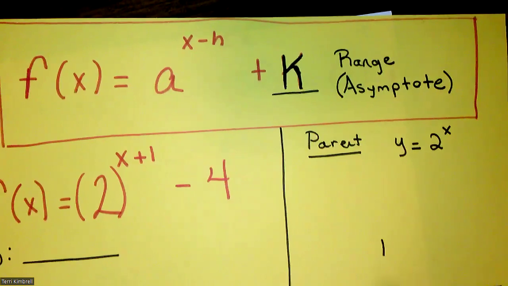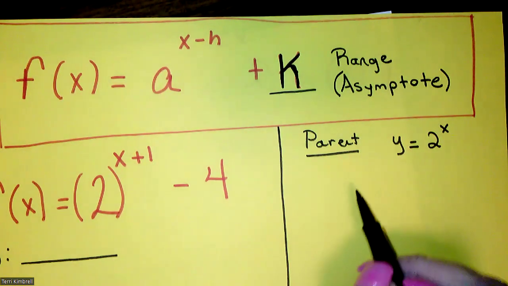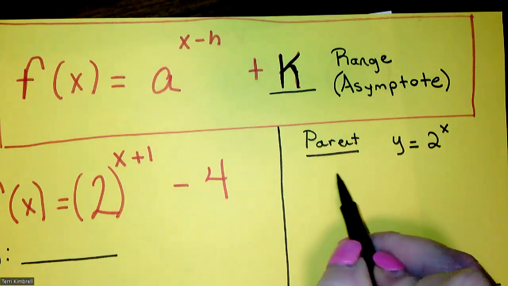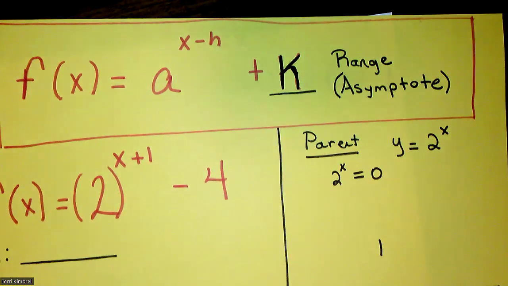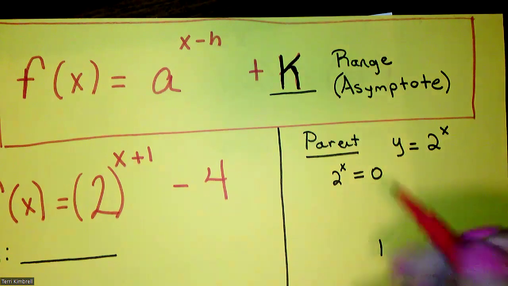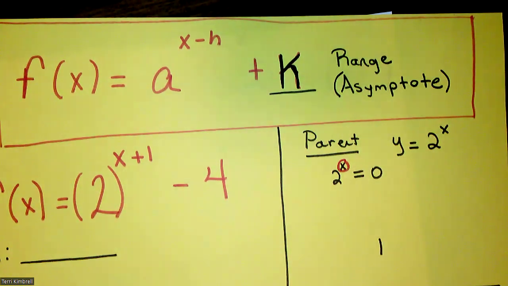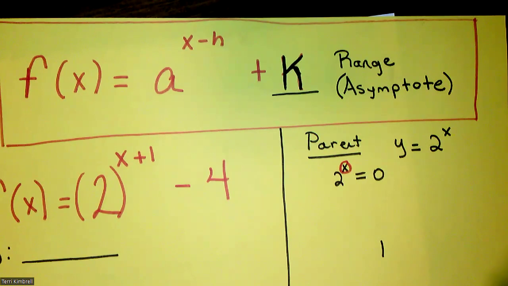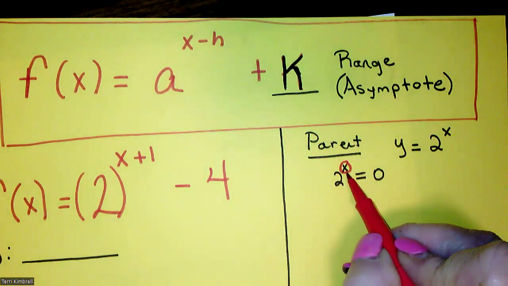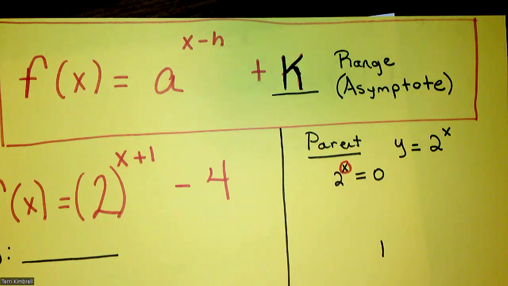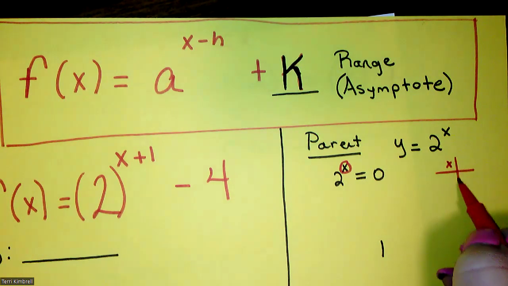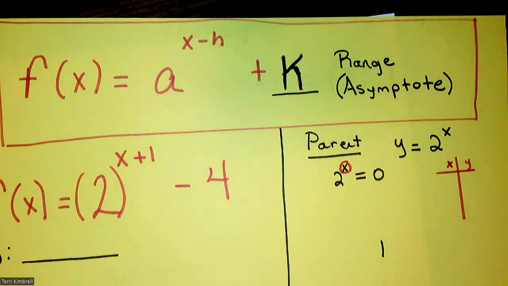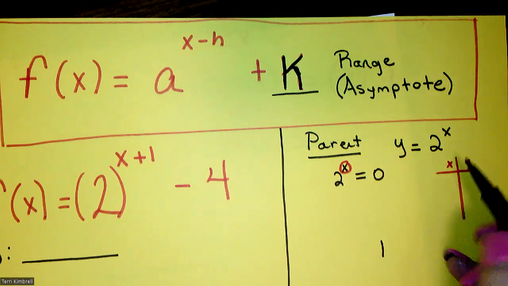So let's look at the parent just a second where I can kind of explain that to you. If I have 2 to the x power, can I raise that to anything to get 0? I'm looking to see if this can be raised to a number to come up with 0. If I raise 2 to negative powers, I just get small numbers because it flips that.